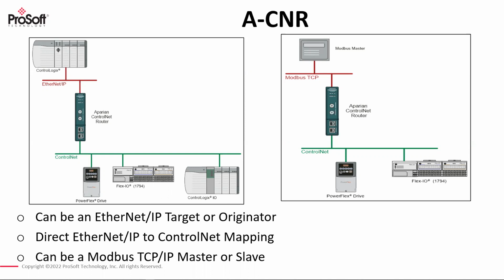This is, again, something that gives you the capability when you're trying to get to CompactLogix or ControlLogix with a ControlNet device. One of the things that we also focus on, outside of just the communications modules, is that we have some wireless products as well.